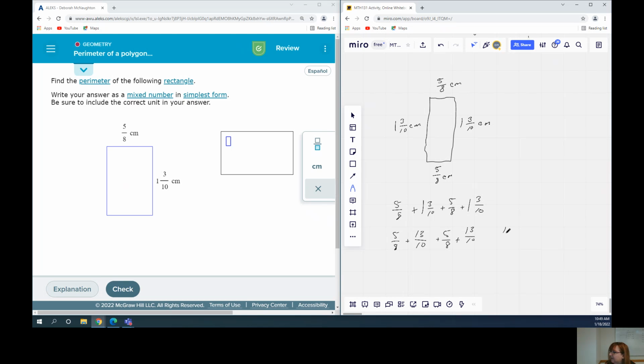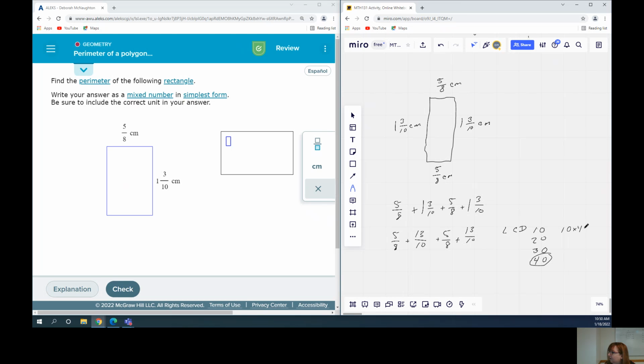And now I need my least common denominator. I'm going to start with 10, and 8 does not go into 10. I'll multiply that by 2, 20, and 8 does not go evenly into 20. I multiply that by 3, I get 30. 8 does not go into 30, and I multiply it by 4, and I get 40, and 8 goes into 40. So 40 is my least common denominator.